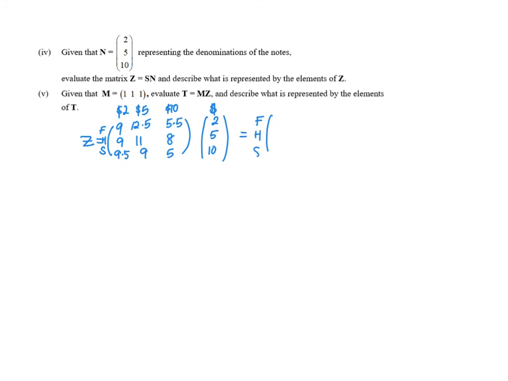Francis, Helen, and Suraidi. Now taking the number of $2 notes, you need 9 times $2 plus 12.5 times 5 plus 5.5 times 10 actually gives us the average amount of cash value, the average amount of money that each of them have in their own cashier. So let's work out for the rest of the cashiers.